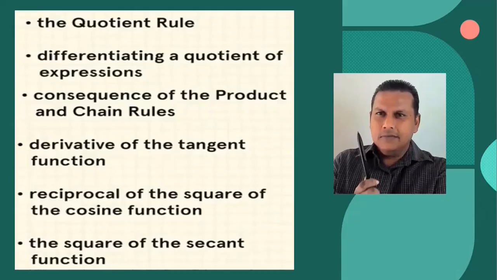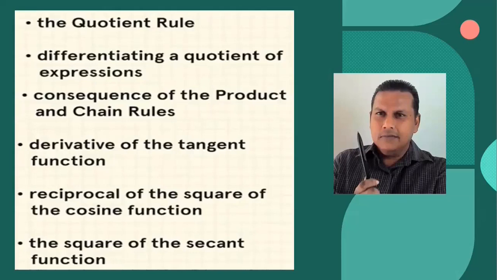So far, I've introduced and illustrated the quotient rule, which enables you to differentiate a quotient of expressions in terms of the derivatives of the numerator and denominator. I also explained how it comes about as a result of applying the product and chain rules, by expressing the quotient as a product, the numerator with the reciprocal of the denominator.